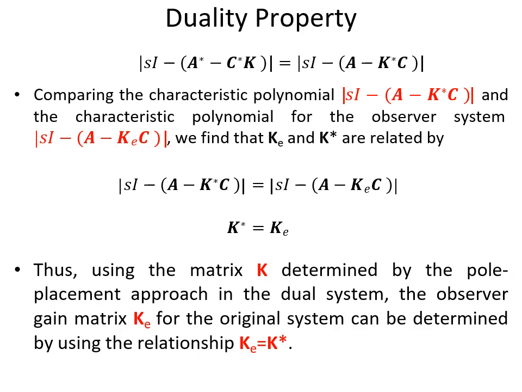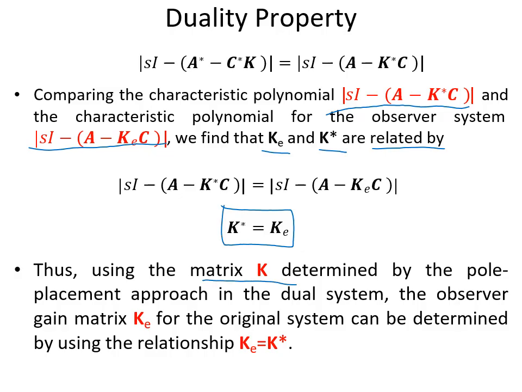Then comparing the characteristic equation sI minus A minus K star C with the characteristic polynomial for the observer, which is sI minus A minus KeC, we have Ke equals K star.